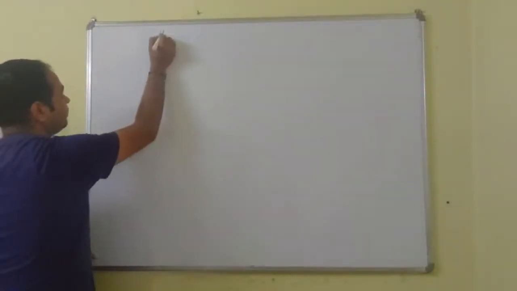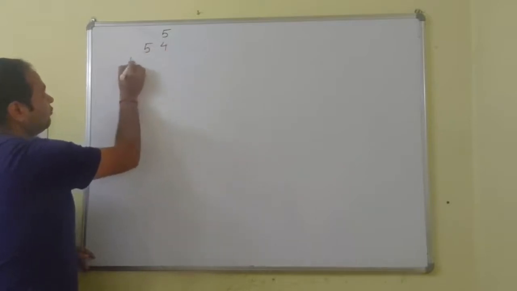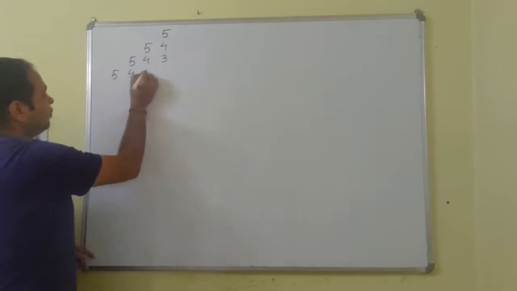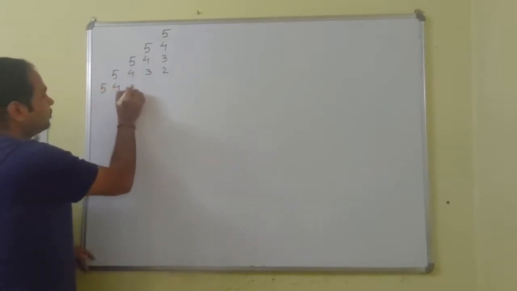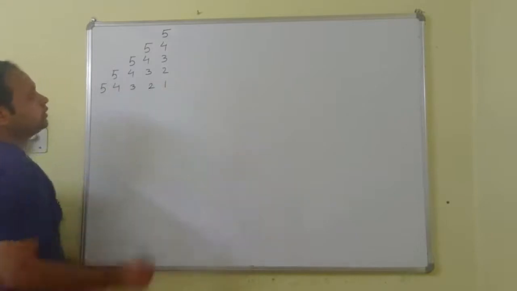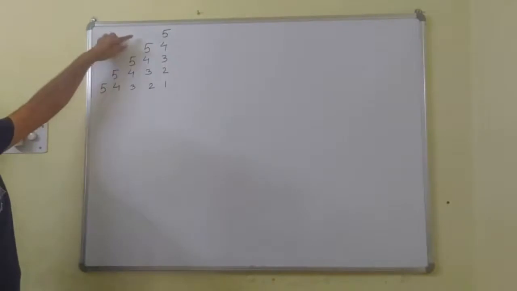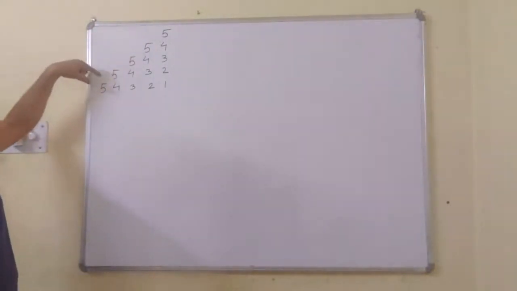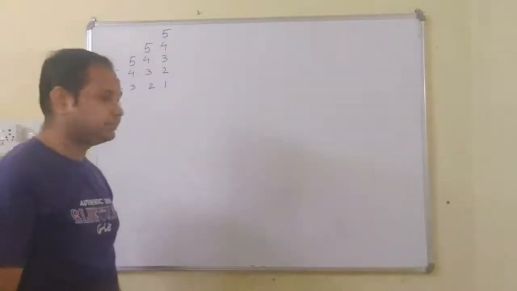So first line we have 5, then 5, 4, then 5, 4, 3, then 5, 4, 3, 2, then 5, 4, 3, 2, 1. So in the first line we are having 4 spaces, then 3 spaces, then 2 spaces, then 1 space in the fourth line, and in the last line we are having no space.